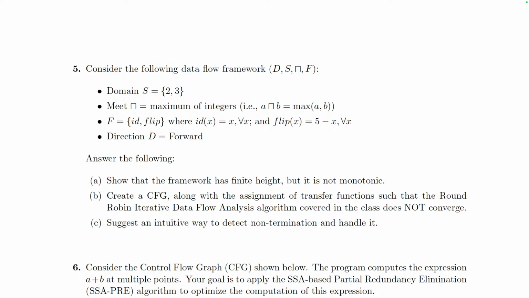If I have a flip x kind of function here, in data flow analysis you will be iterating over this edge. So first time maybe initially x is 2, or the information is 2, after flip x it becomes 3, and meet is the maximum of 2 and 3. So on this path my value is 2, on the other path the value is 3. So what will be the output? 3.